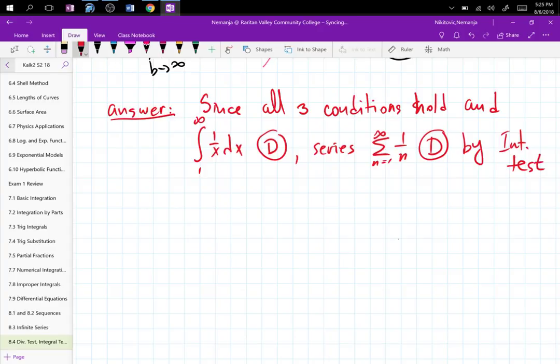If you want full credit, this red sentence must be there. Otherwise, don't worry about it. If you don't want the full credit, just skip that.